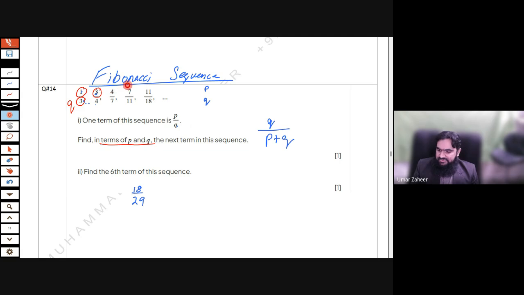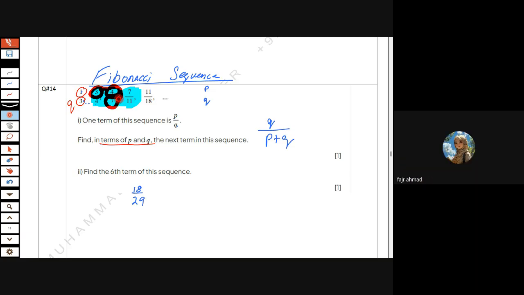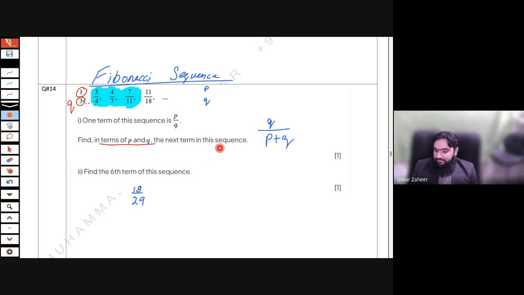Let's say I take this patch and start from here. So look at here, 3 plus 4 will be 7, right? So we have to find the nth term, or the next term, in terms of p and q.